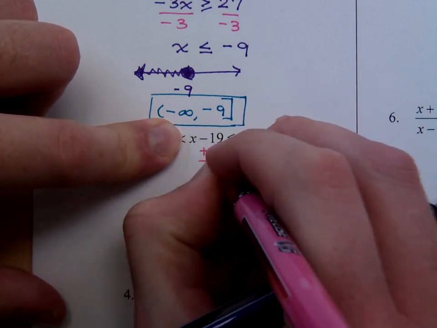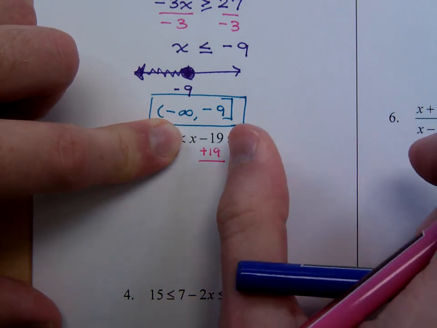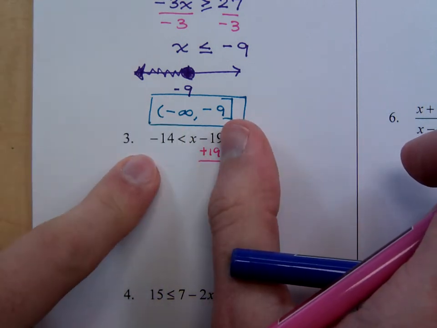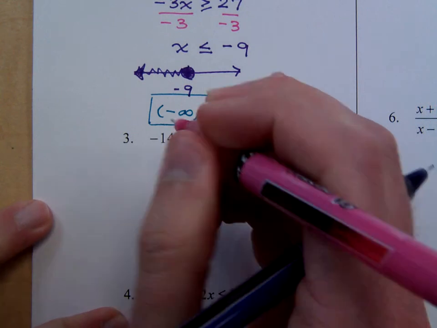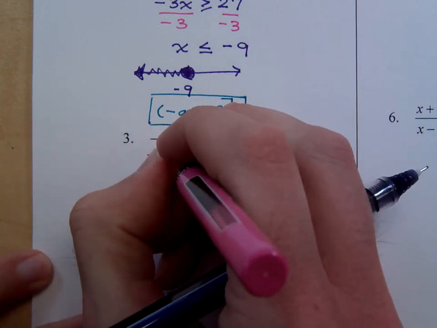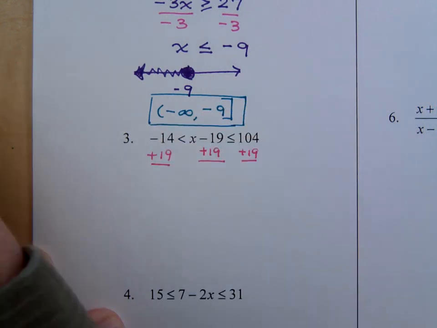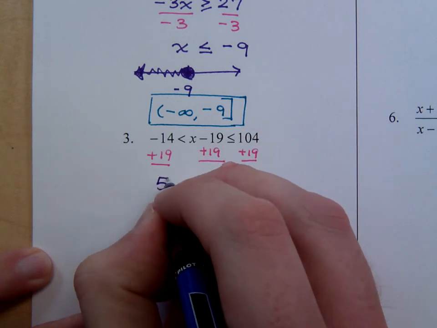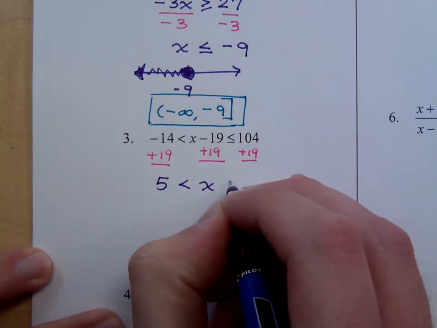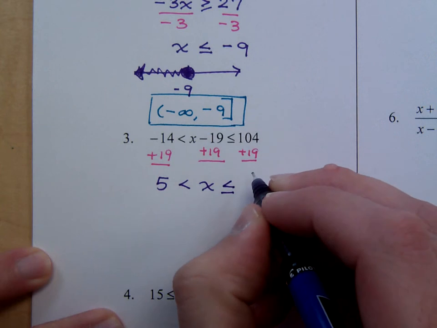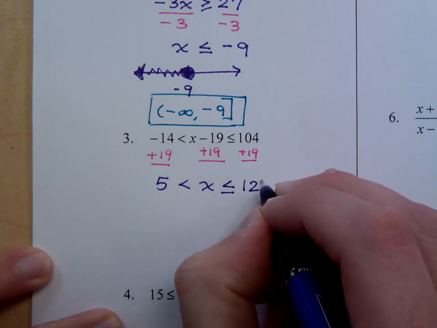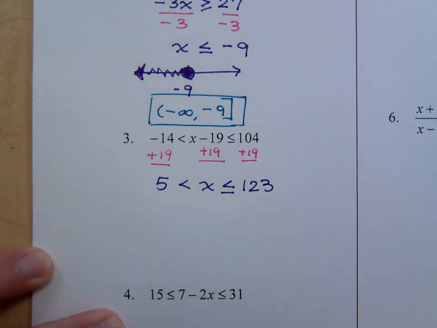But we must keep in mind that it's not just that inequality. It's also this inequality as well. So if I add 19 here, I must also add 19 here. So this gives me 5 is less than x is less than or equal to 123.